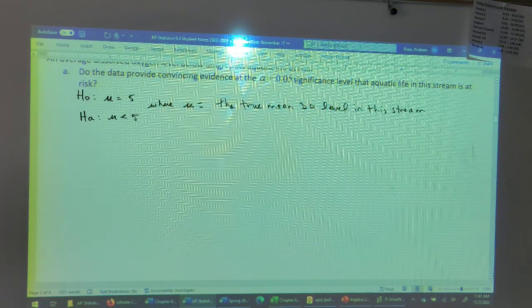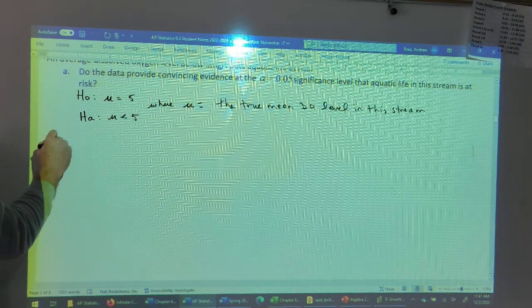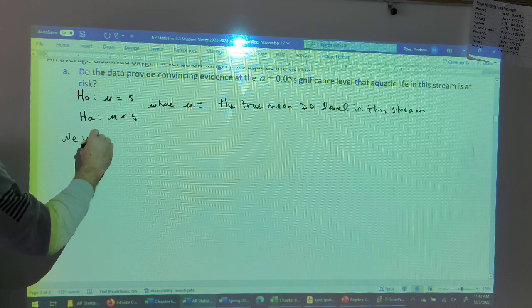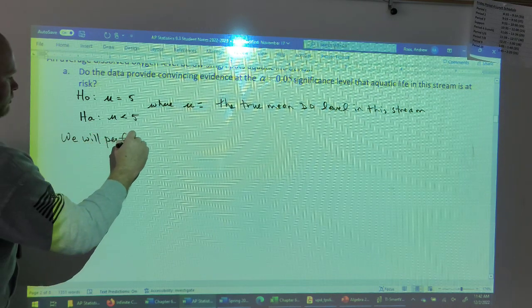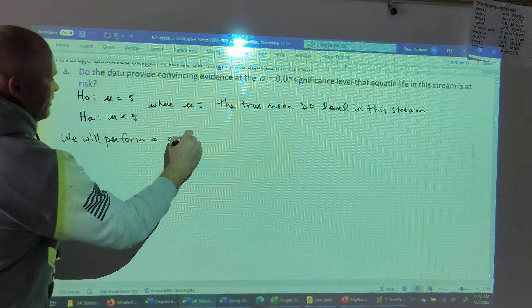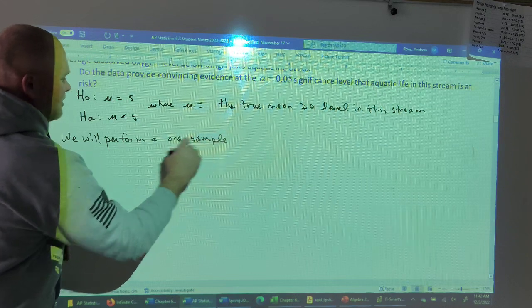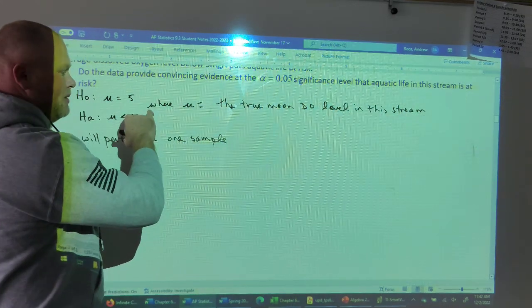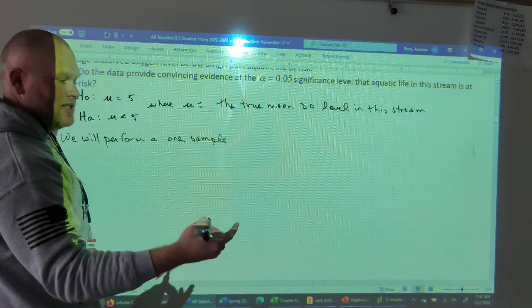Okay? Once you define the parameter, then we got to go on and say what kind of test we're going to perform. We have one sample, so this would be a one sample test, and since we're dealing with means, instead of a Z test, this would be a T test.